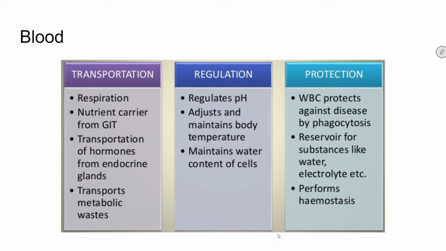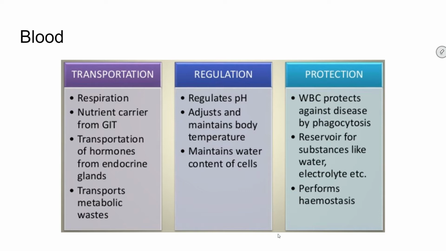It transports hormones from the endocrine glands, and metabolic waste, which CO2 would fit into, but also urea and some other things that are produced from digestion, and those wastes are filtered out through the kidneys and other places in order to be dealt with, and we'll talk more about that in other units.